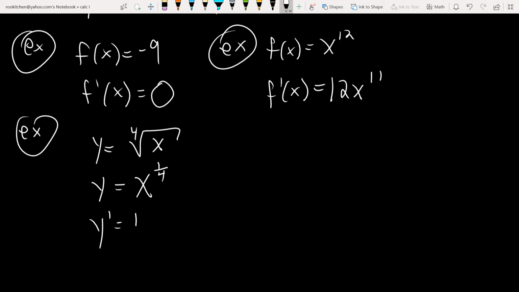So bring down the 1/4, and then you have x to the 1/4 minus 1. 1 is the same as 4/4. And you end up with 1/4 x to the -3/4. Usually they want you to rewrite it without negative exponents. I don't care too much, but if you get a teacher who wants that, there it is.